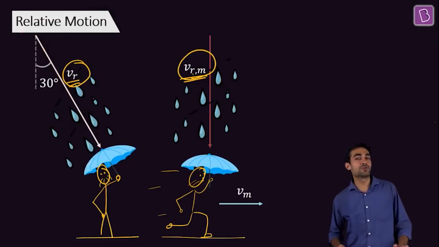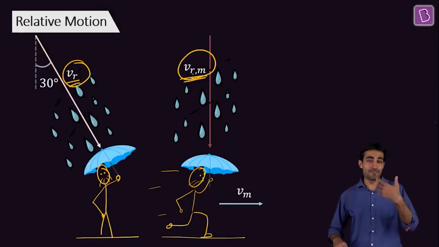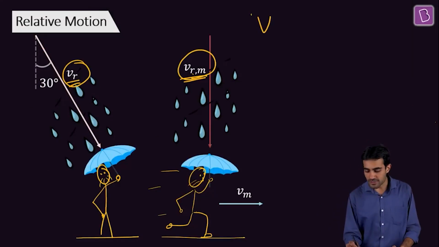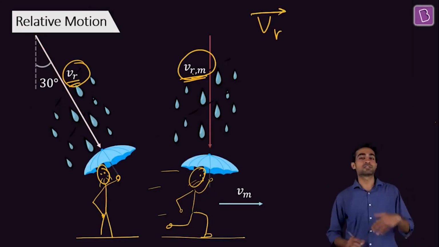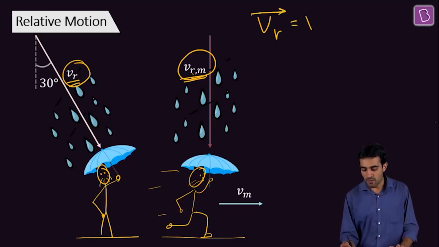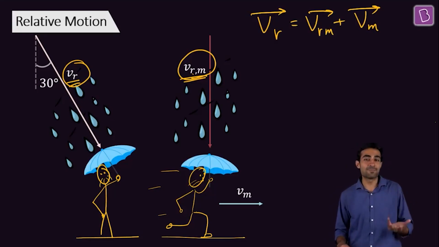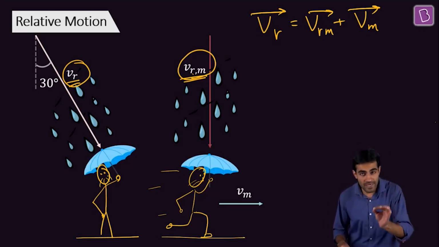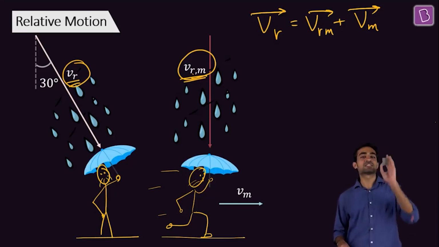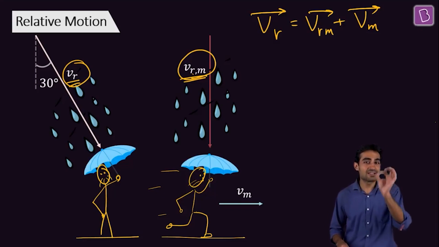Now, how will we do the job? First of all, we remember the formula that the velocity of rain with respect to ground is velocity of rain with respect to man plus velocity of man himself with respect to ground. This is a simple formula. Now, we need to visualize this formula. So let us add the two vectors.